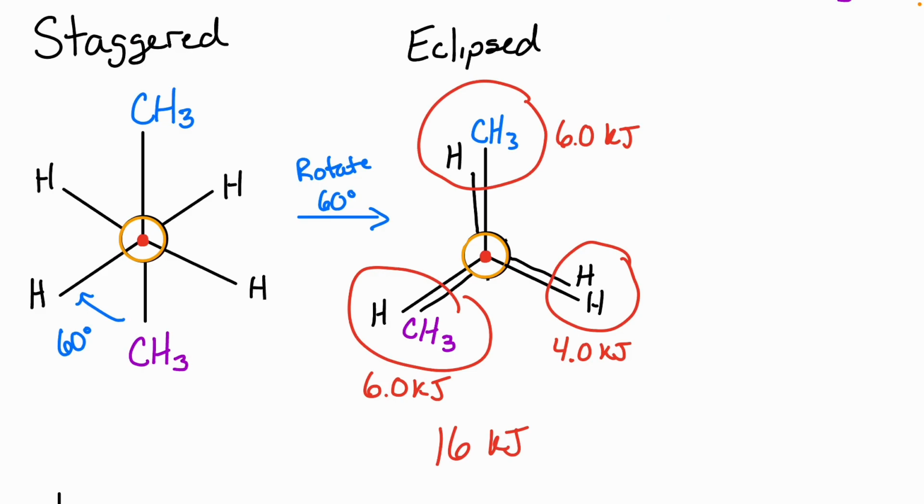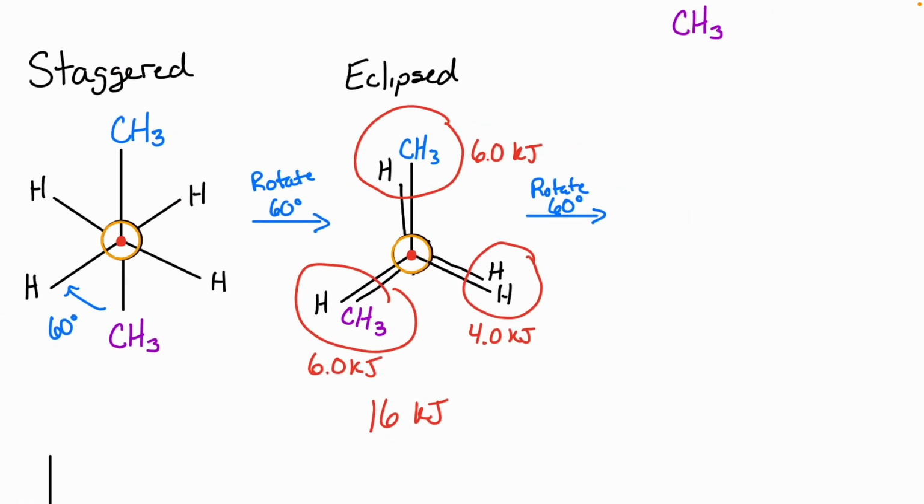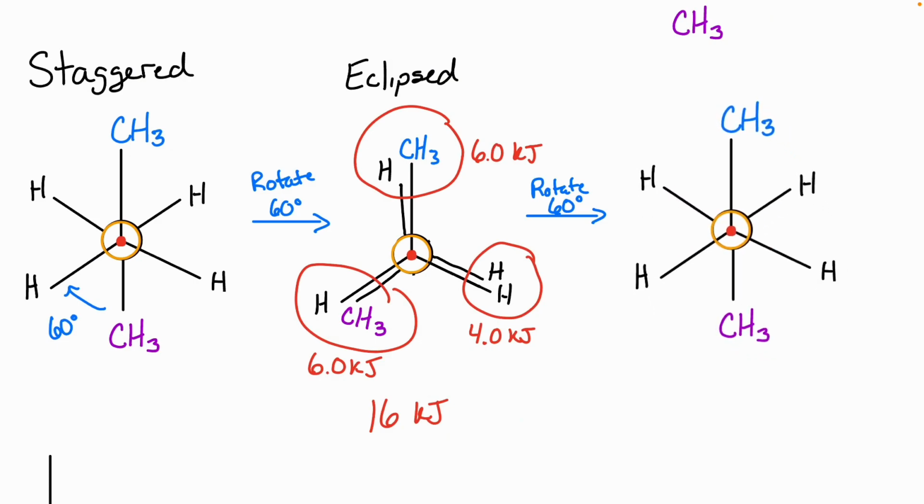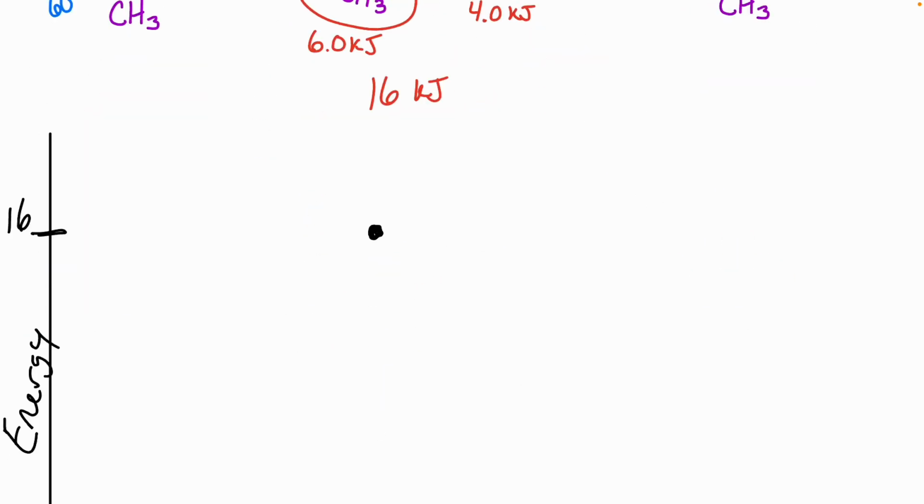All right, am I still eclipsed? I'm back to a staggered structure now when I rotate 60 degrees. All right, but what's the big difference between this structure and the one that I started out with?